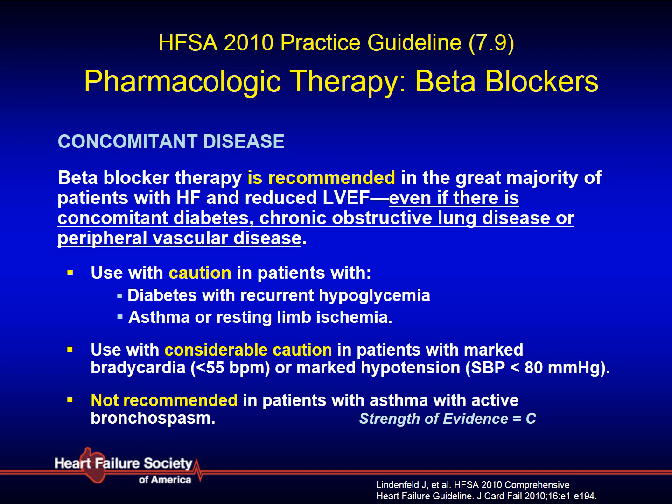Use considerable caution in patients with marked bradycardia or marked hypotension. As I said, beta blockers can cause hypotension and bradycardia. And then also, in patients with uncontrolled active bronchospasm or uncontrolled asthma, beta blockers are not recommended.